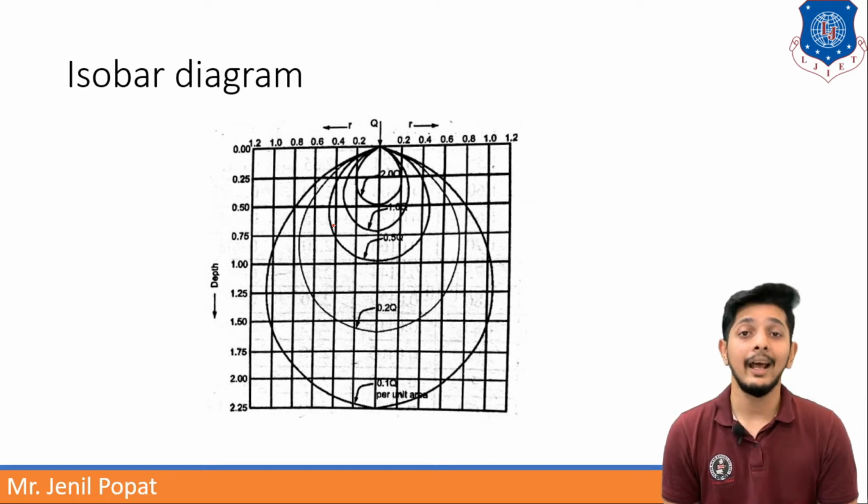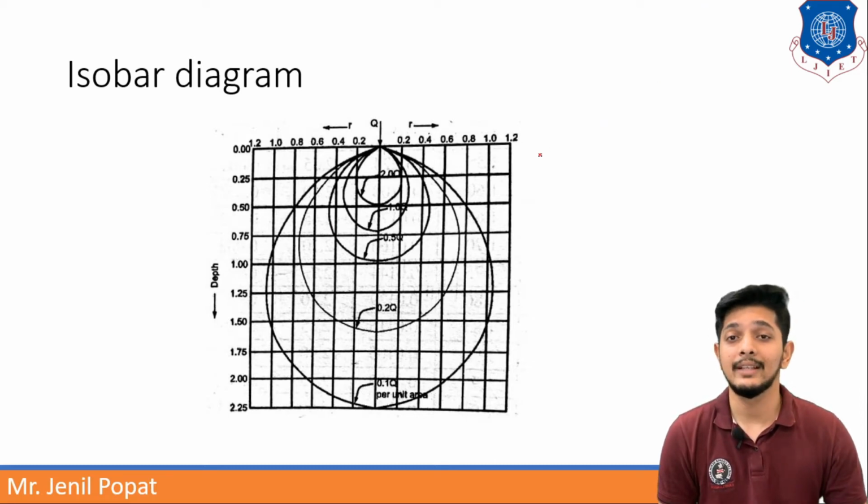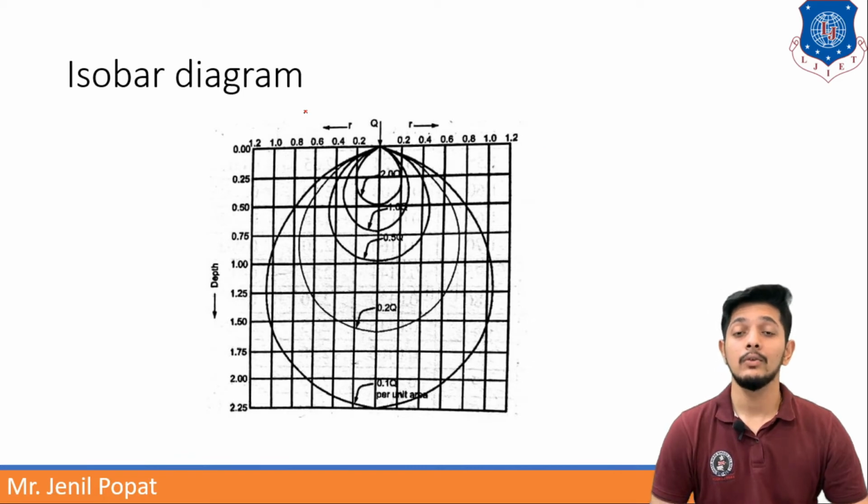Let us understand the isobar diagram through this diagram. In this figure, we can see that points at the same radius from the axis of loading have equal vertical stresses, and these points make a pressure bulb.